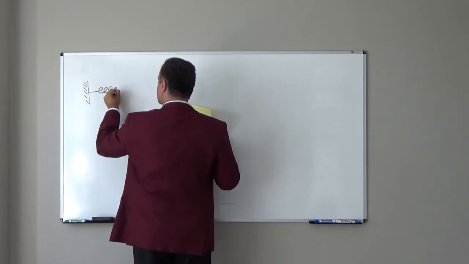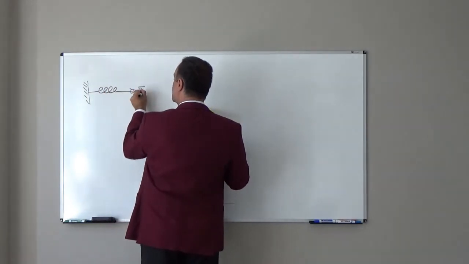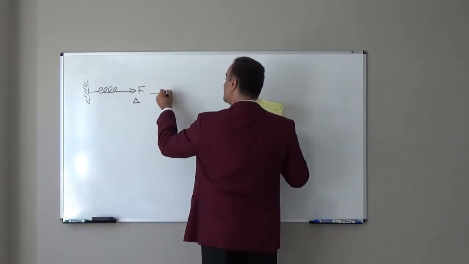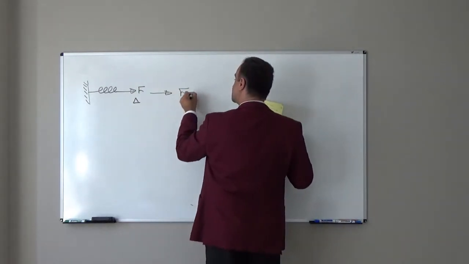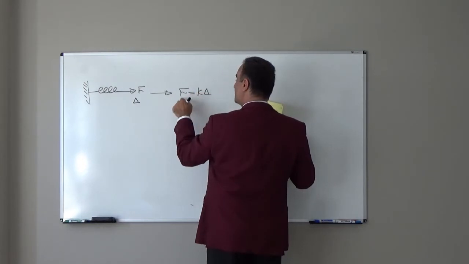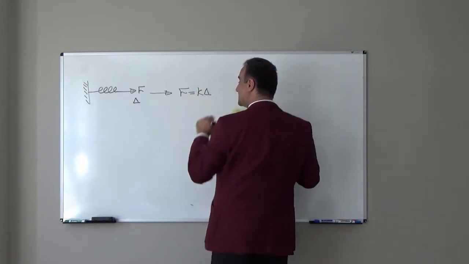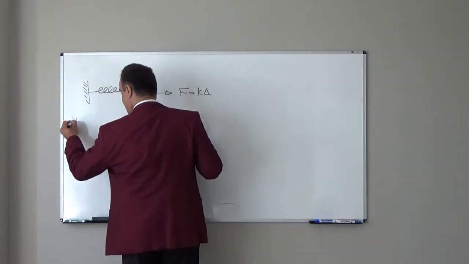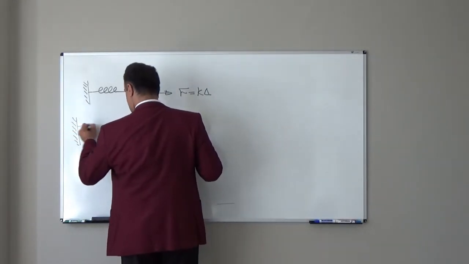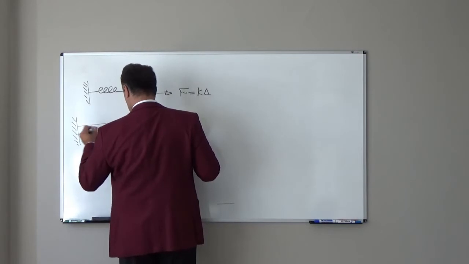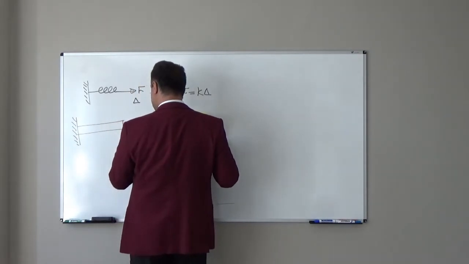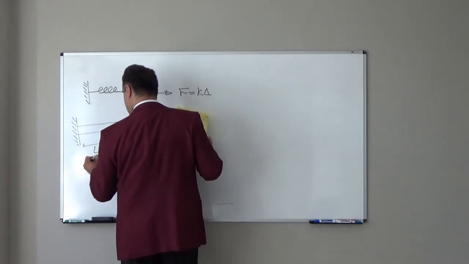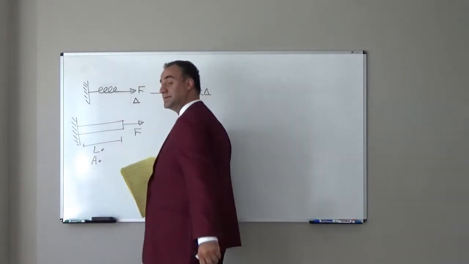Again, we have spring, we apply force, we have deformation delta. We know force is equal K delta, force is equal stiffness of spring times deformation. Instead of spring, if we have one bar built using steel, I apply force F, the initial length is L0, the initial cross-sectional area is A0.